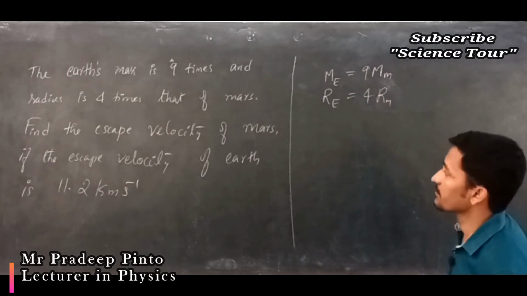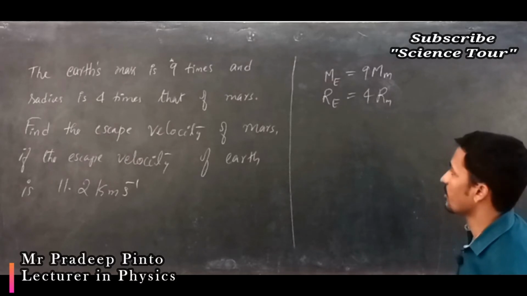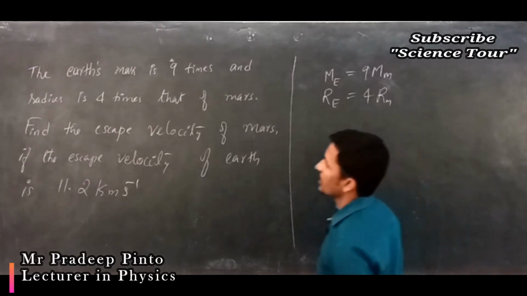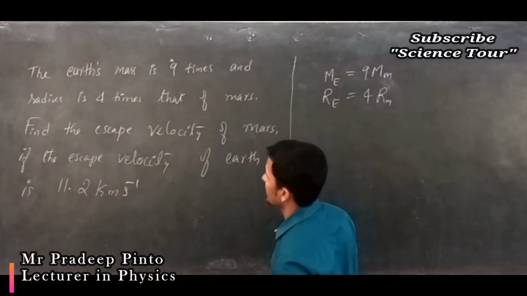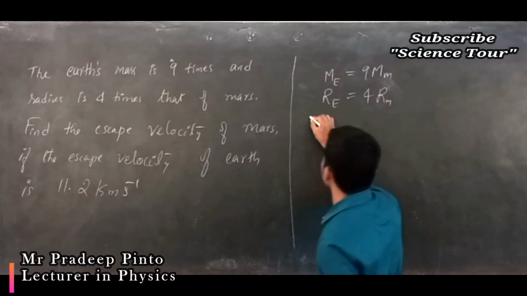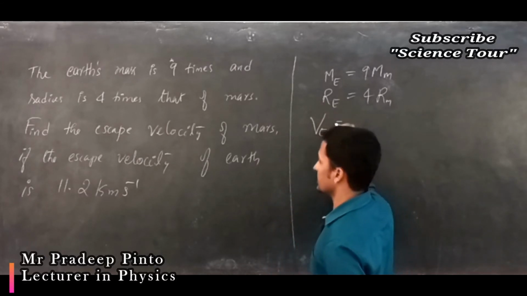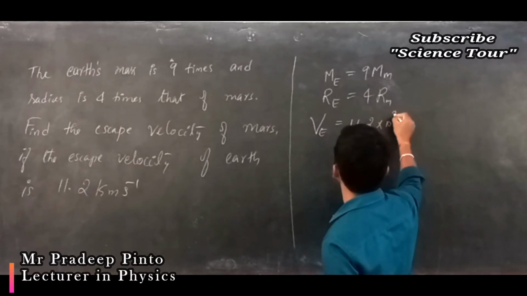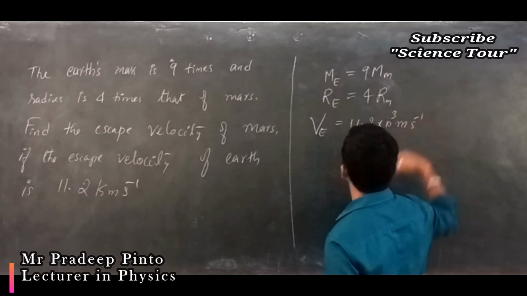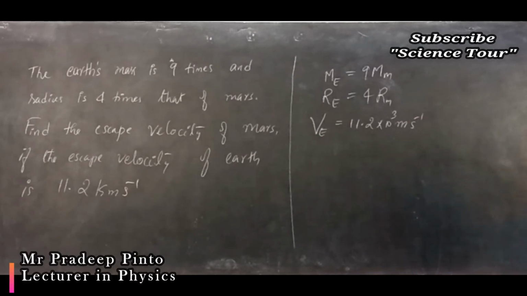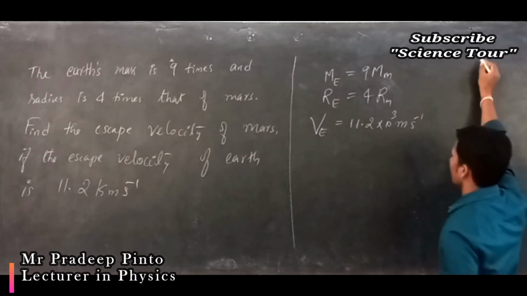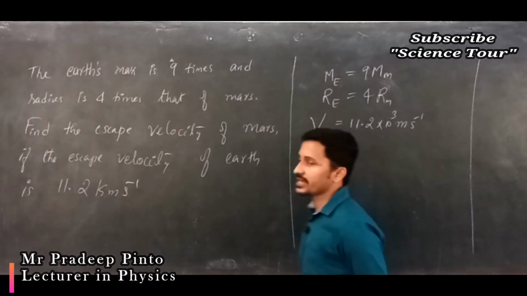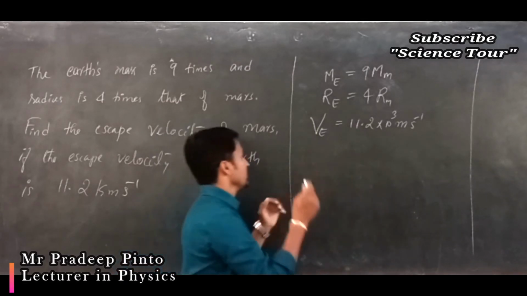Find the escape velocity or escape speed of Mars, if the escape velocity of the earth is 11.2 kilometer, means 10 to the power 3 meter per second. Now you are supposed to find out the escape velocity of Mars. What actually is the escape velocity?